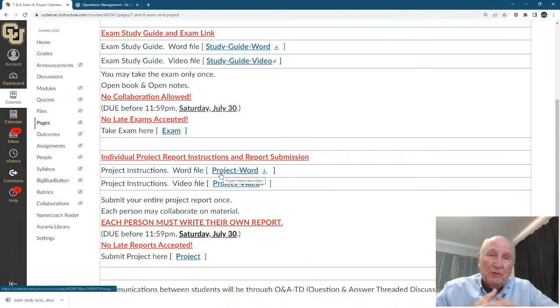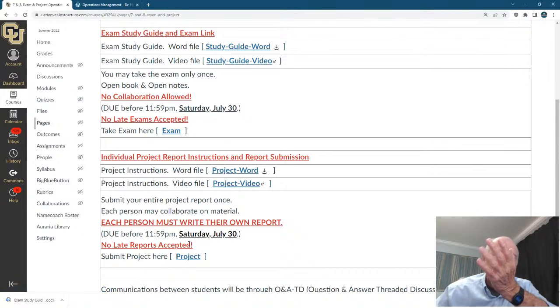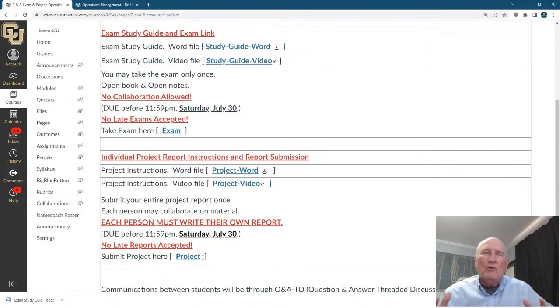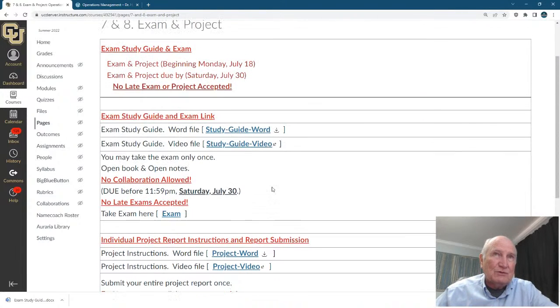Some people want to upload a video to represent it, and that's fine with me too. I want you to do the research and submit a report. If people want to submit a video, that's fine too. You submit it down here. You upload a PDF or upload an MP4. I don't make that public, but if I receive a report, that's all I care about. And we'll talk about the reports later in this course.